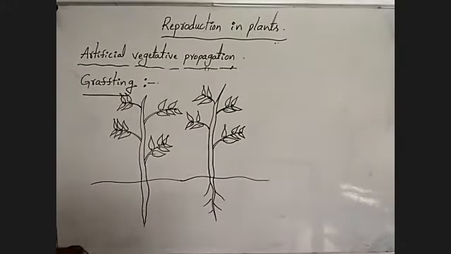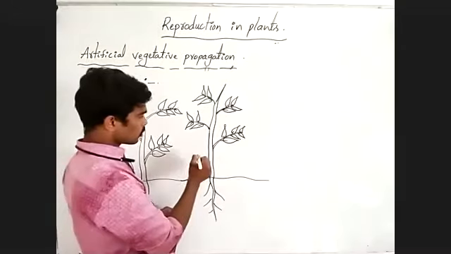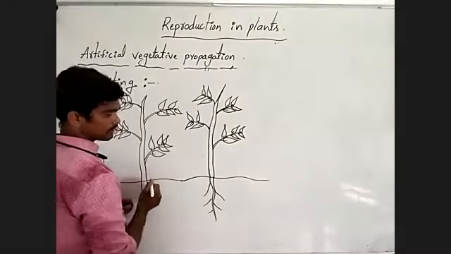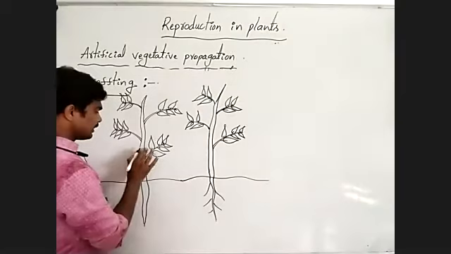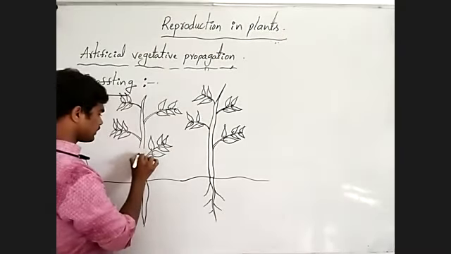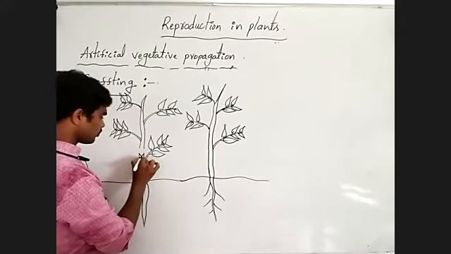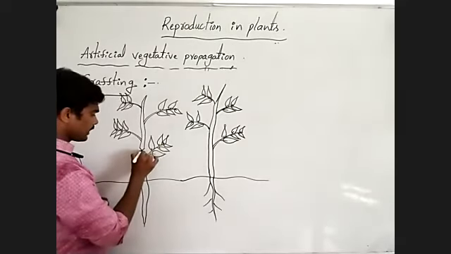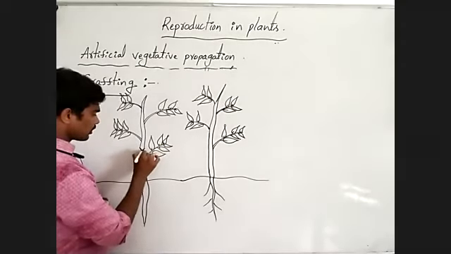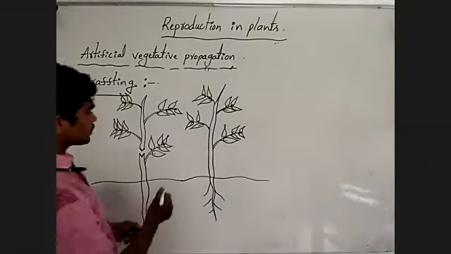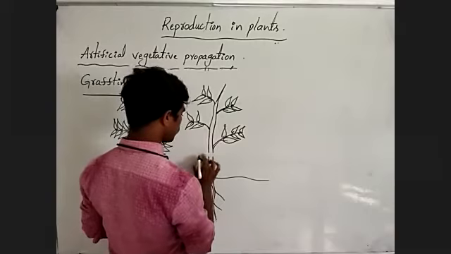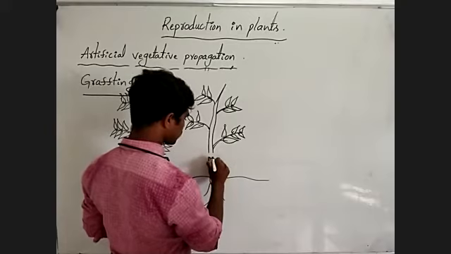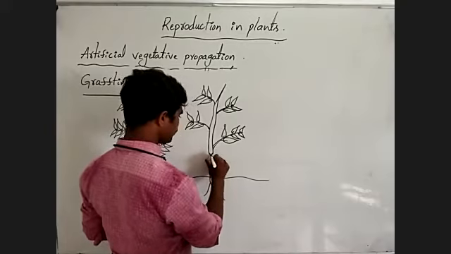Here observe, the stems or branches of the two plants are cut. For example, observe here, the stem of this plant is cut in a particular shape, like this, in V shape. Here also the main stem or branches are cut in V shape.